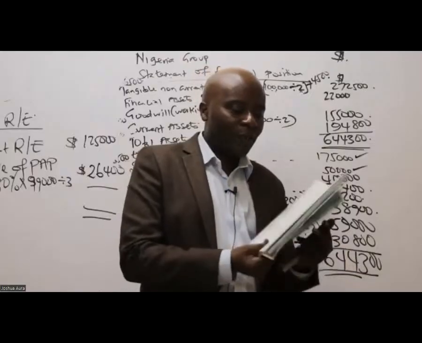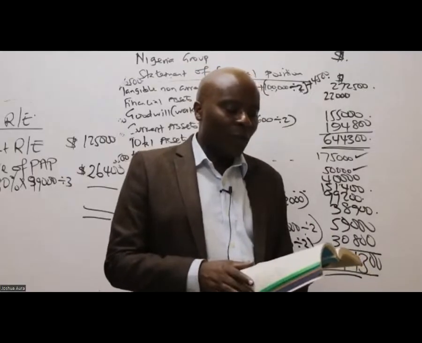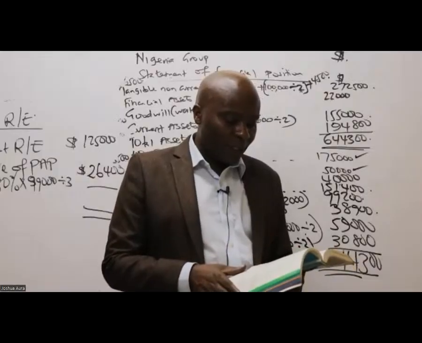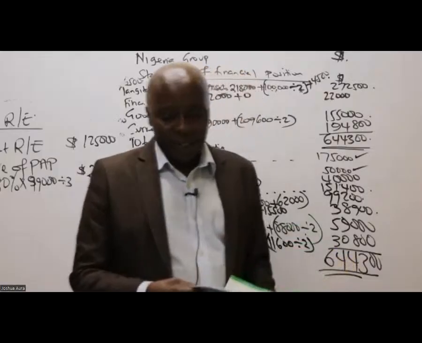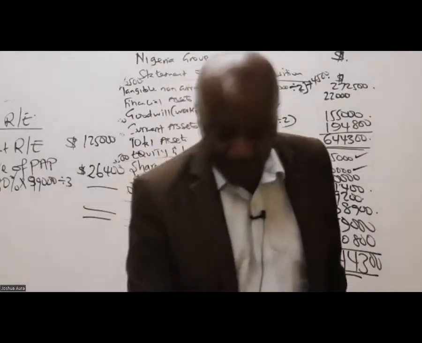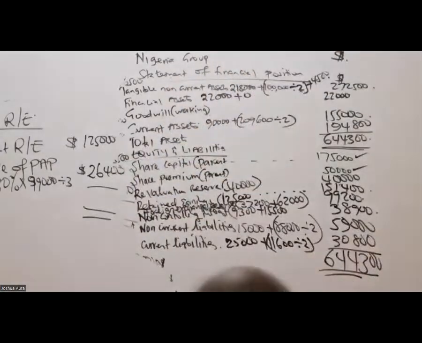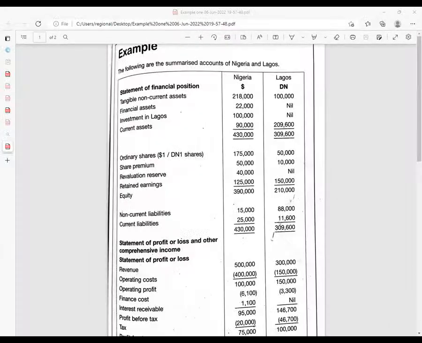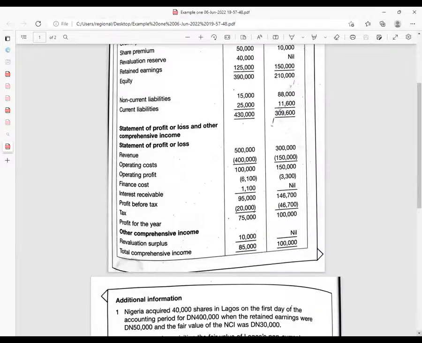Now, ladies and gentlemen, given this little time left, we need to go ahead and capture the income statement. The income statement, very easy. This is the easiest, consolidated income statement. We are told they have given us a statement of profit and other comprehensive income.